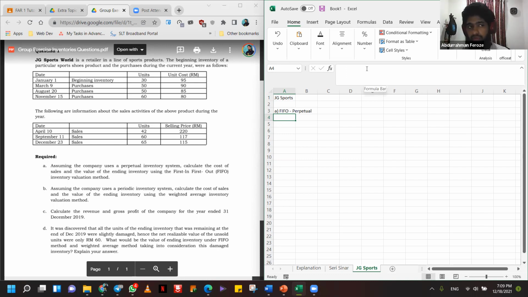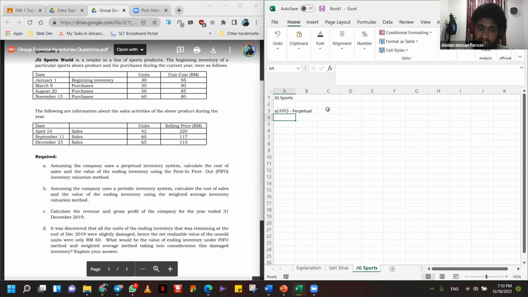Once you know which system they're asking you to use, then you have to see which method, because the FIFO method can vary between the two. Actually, the answer you will get will be the same, but the method is a bit different. For the LIFO method, even the answer will be different between the perpetual inventory system and the periodic. So you have to always make sure what the question is asking before you do it.